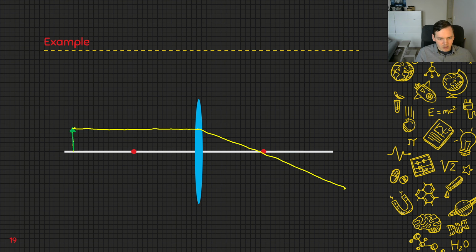Next, we need to draw a line straight through the center of the lens, so through this point right here. And light that goes through the center of the lens, that's pretty poor, so let's try redrawing that. You're definitely going to benefit from using a ruler if you're trying to do these really precisely.